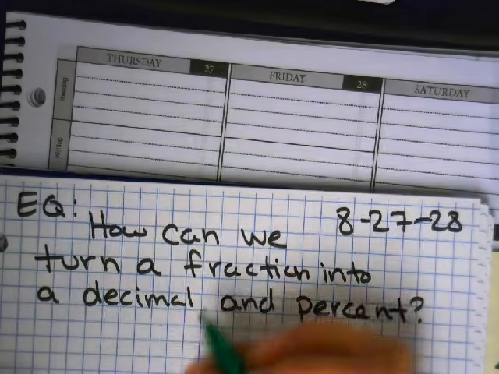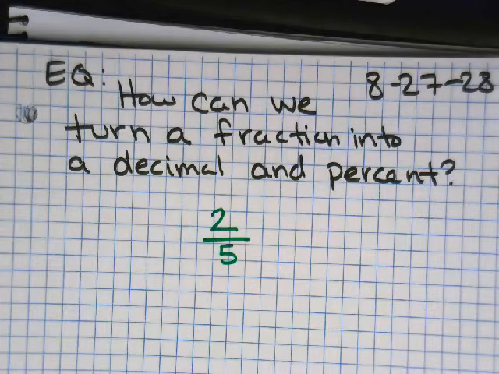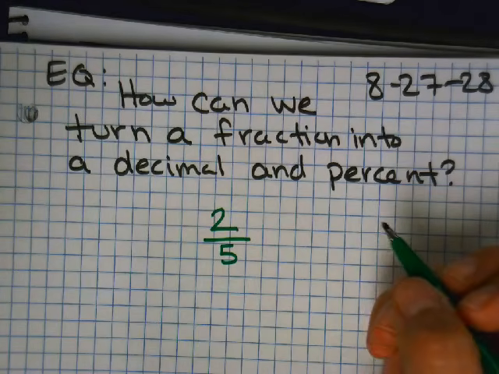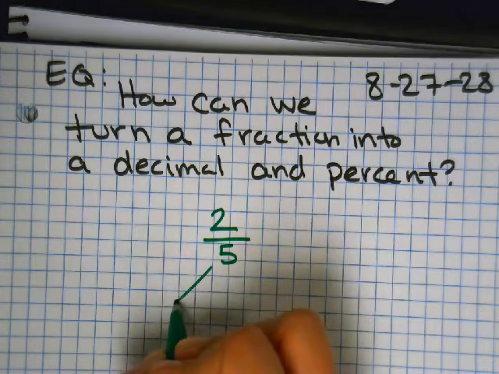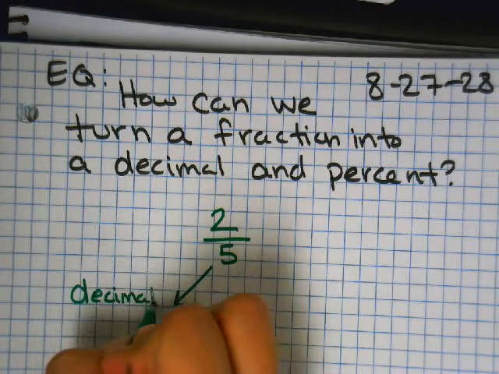Okay, so now, if I have 2/5, how do I turn 2/5 into a decimal?